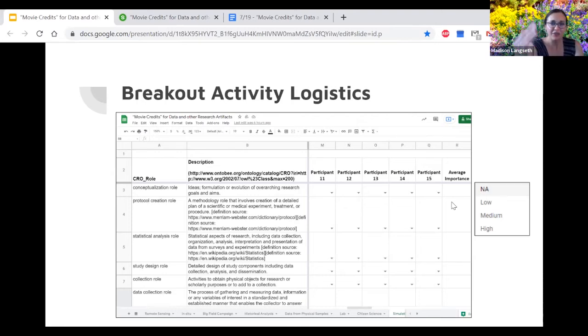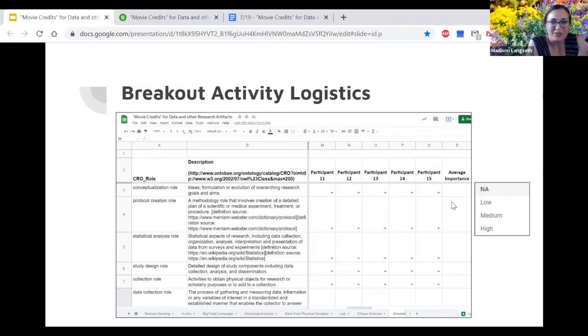After you go through the 36 roles individually and do a sort, if there's time, we'd also like you to discuss the question about other factors that are important to include in authorship discussions for your data type. In the notes document for this session, we have space towards the bottom where you can document your thoughts on this question, as well as any other thoughts about the activity as you and your group are discussing things.